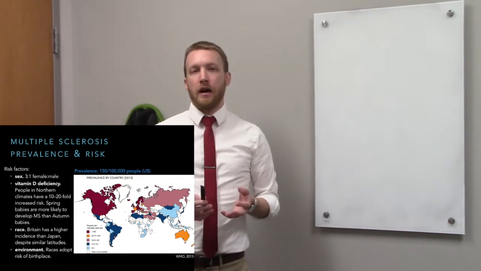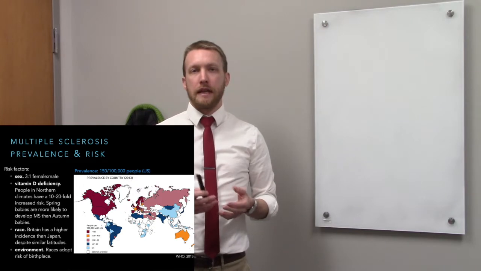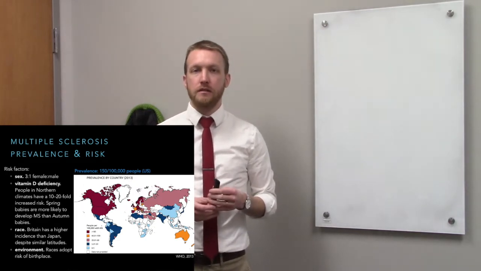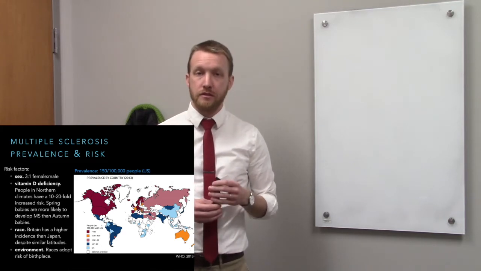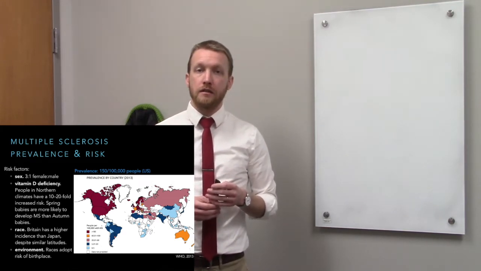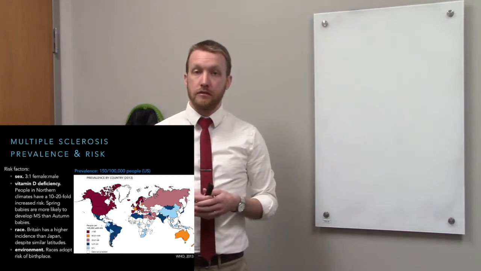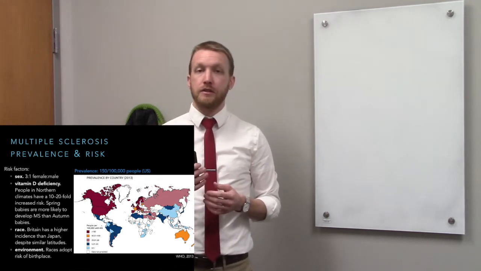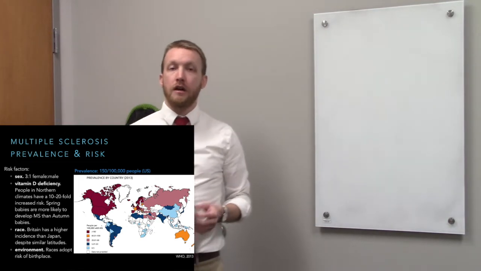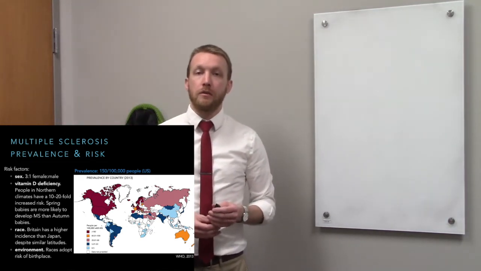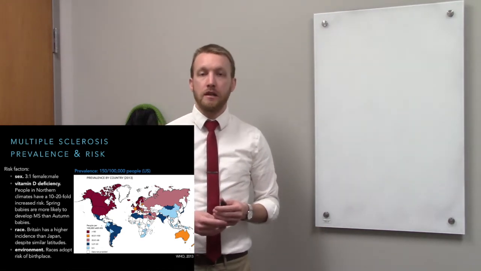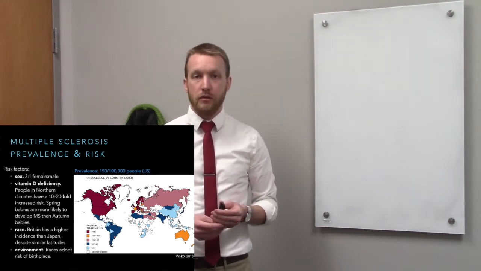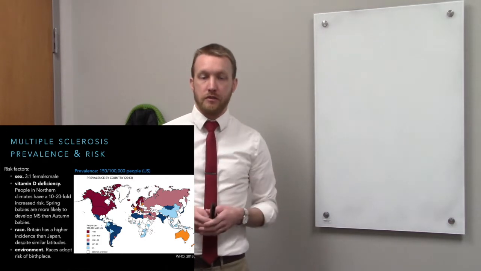And the idea behind this latitude-based risk is that in colder climates where you have more severe fluctuations in daylight, there's going to be a difference in vitamin D throughout the year. And so in periods where you have low sunlight, in winter months for example, where you have a greater chance of vitamin D deficiency, we tend to see a higher rate of multiple sclerosis in spring births as a result.